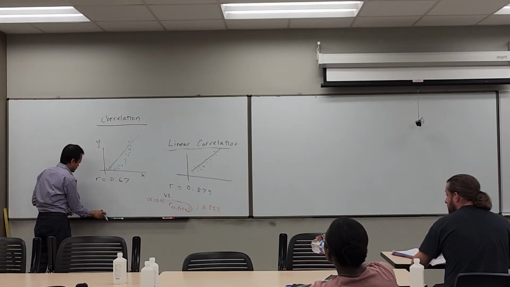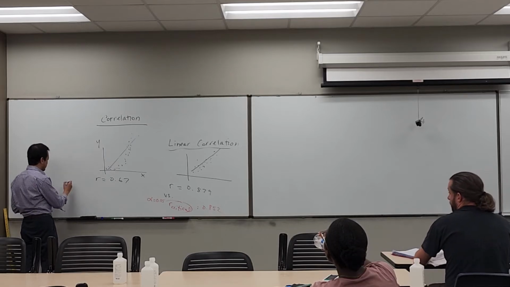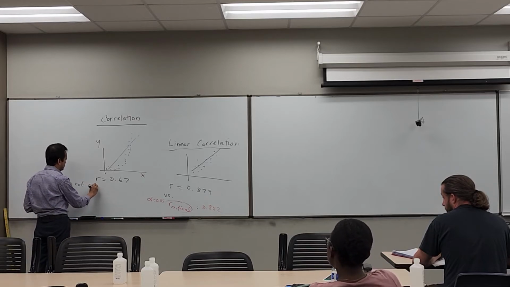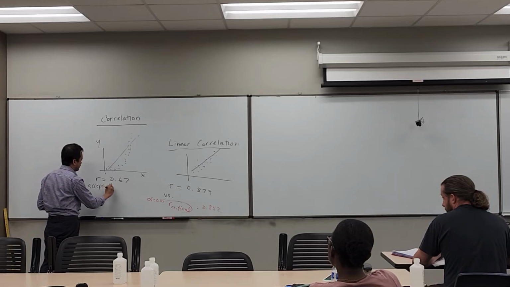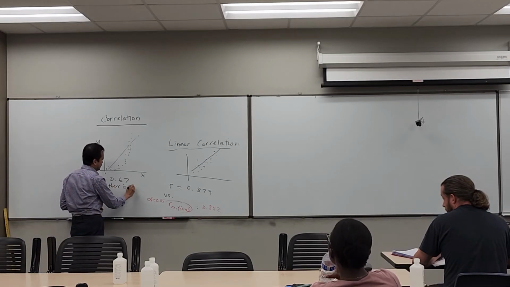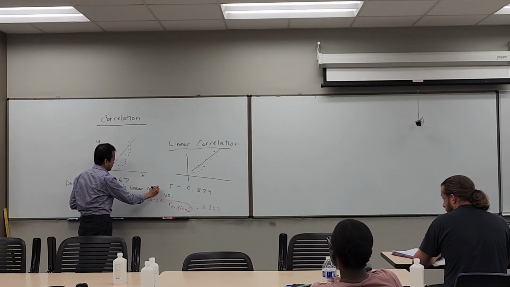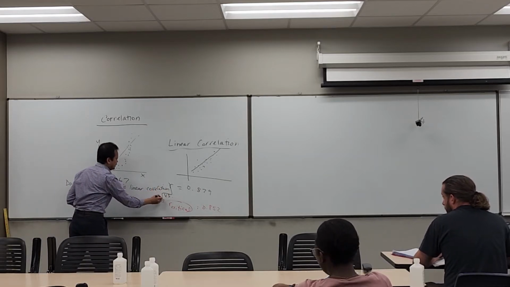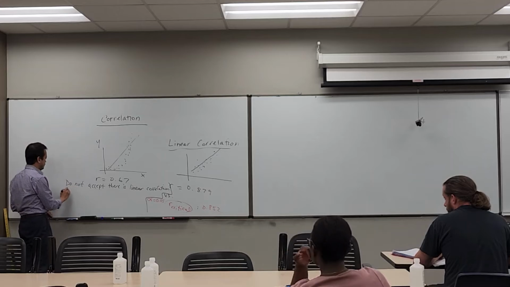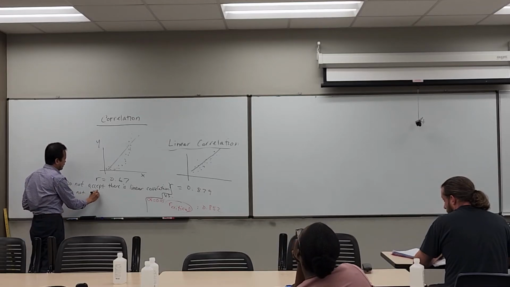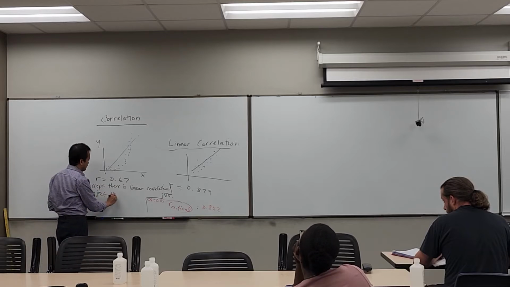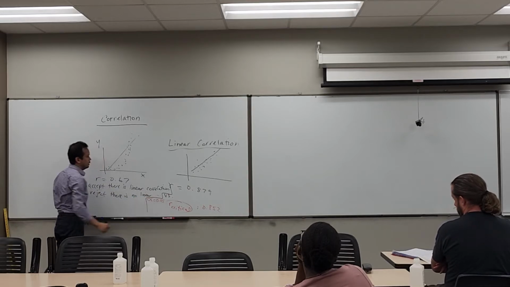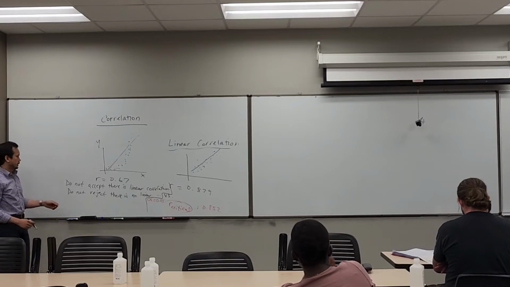So another way of saying that is: do not accept, or fail to accept, that there is linear correlation, or an equivalent conclusion is: do not reject that there is no linear correlation. So either one would be a correct conclusion.